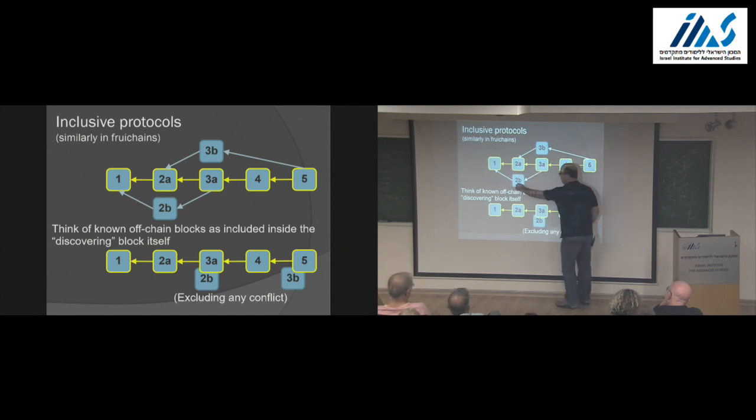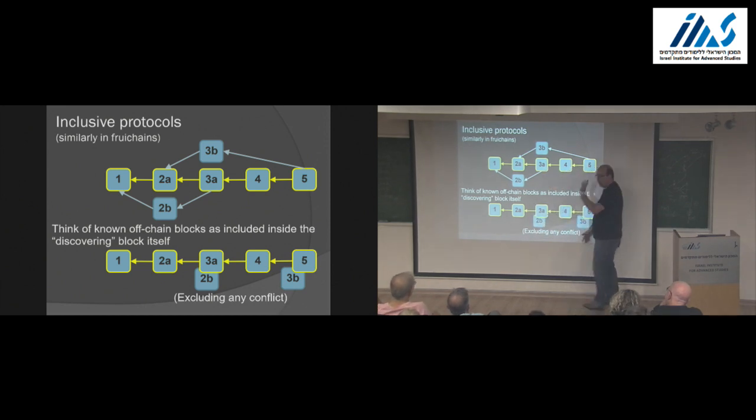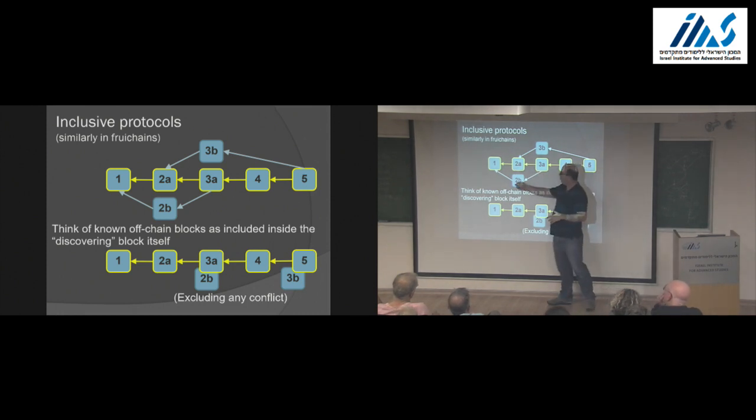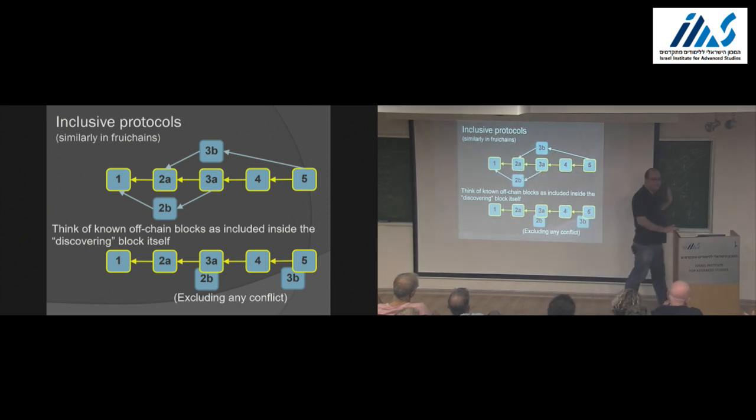So 3a discovered this part. You can think of an appendix to 3a's contents that says, I also do everything that 2b included that isn't conflicting with the past. That's all I did. So I included the transactions from these blocks that I could without violating the fact that this was done first. Okay, that's a very simple idea.